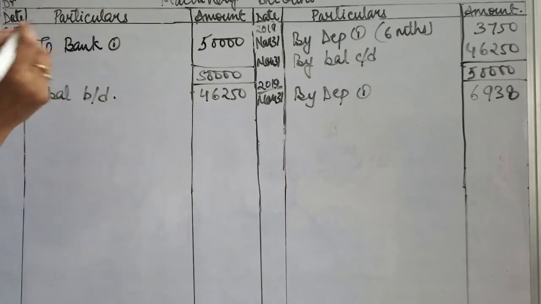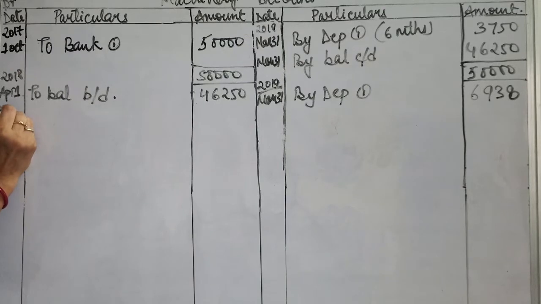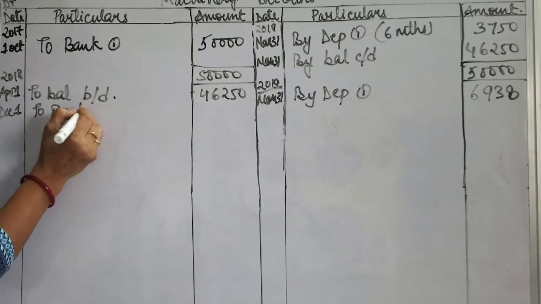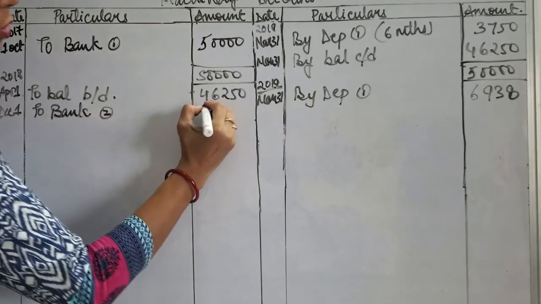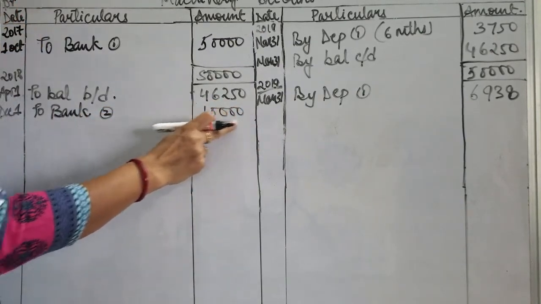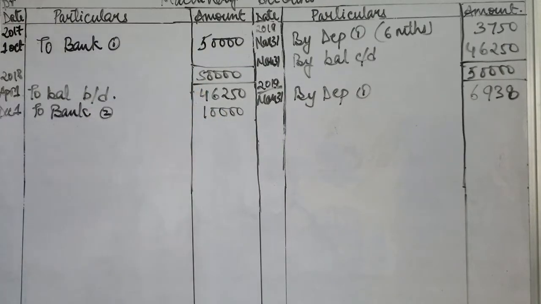So let's make the entry of that machinery. December 1st to bank. This is our machinery 2. Amount is 10,000. Now on this machinery, depreciation will be provided for 4 months from 1st December to 31st March.